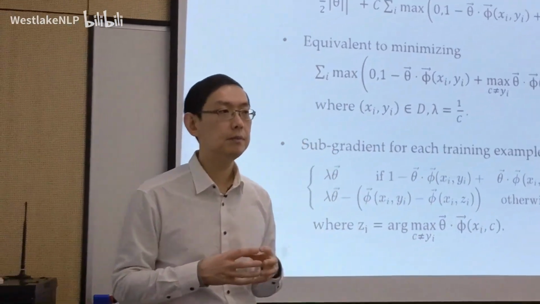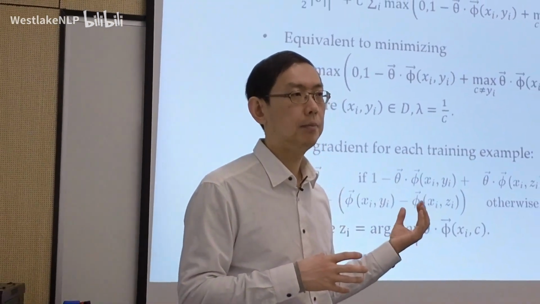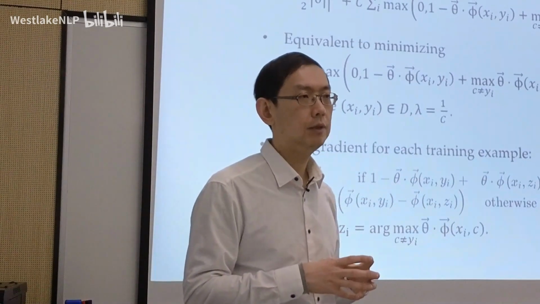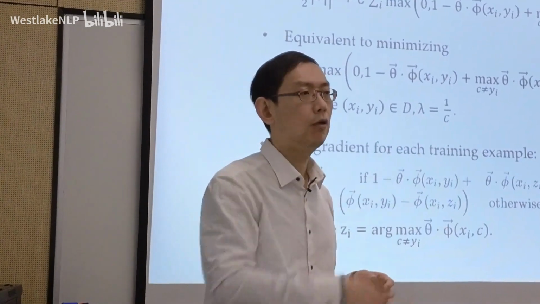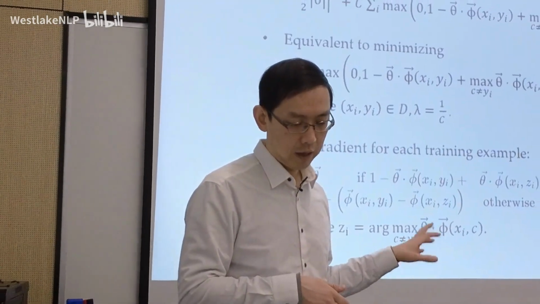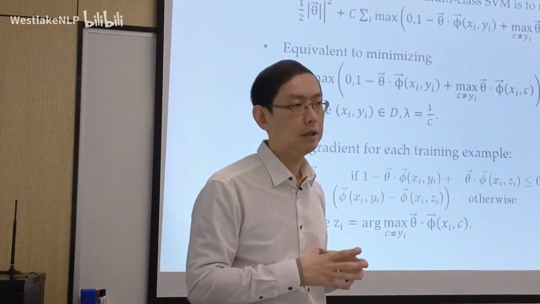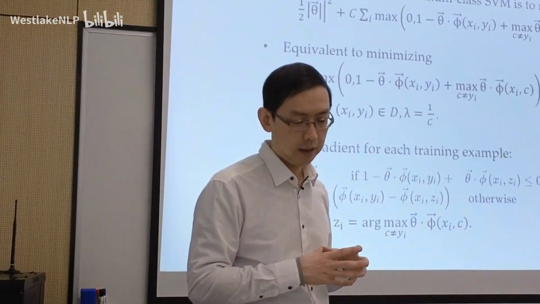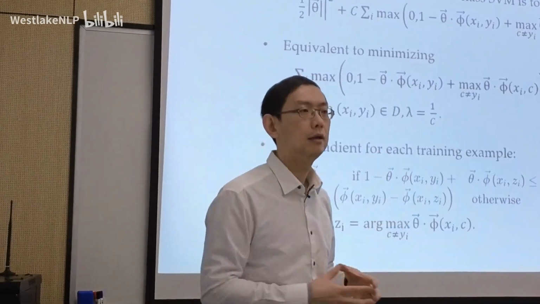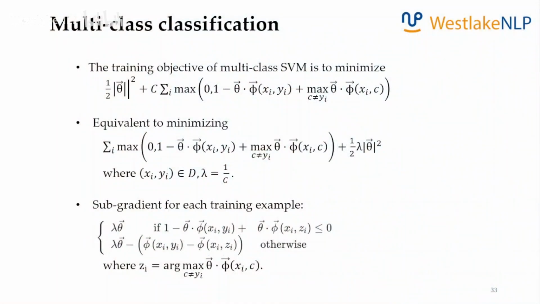When you understand this part, the gradient is easy, right? Because the first term has a perfect gradient. The second term doesn't have a gradient. So we have to break this whole function into two halves. One half doesn't have violation. We have gradient lambda theta. The other half has violation. We have gradient lambda theta minus the difference of the feature vectors. Wow. And we plug this into the SGD algorithm. We arrive at something again very similar to the perceptron algorithm.